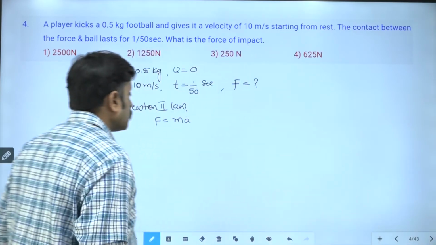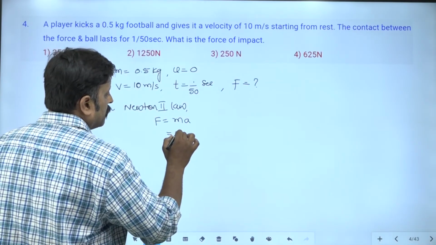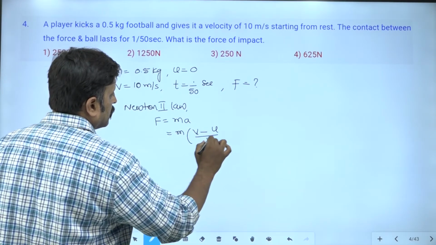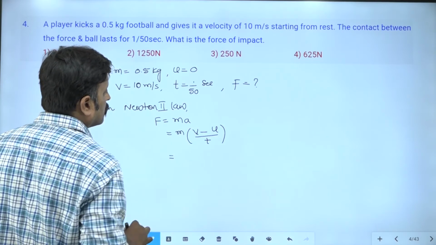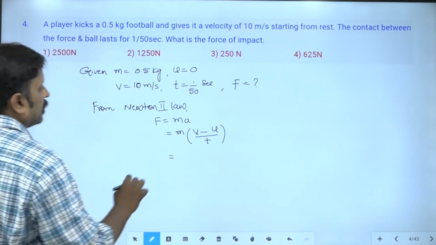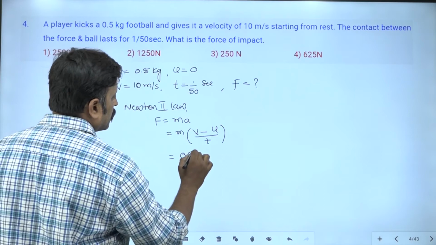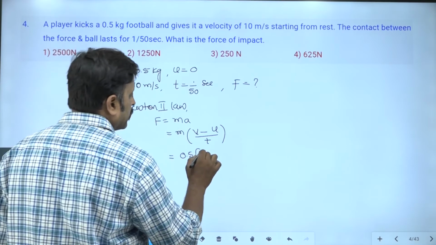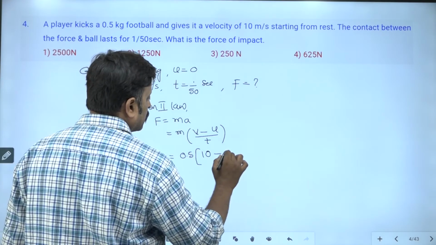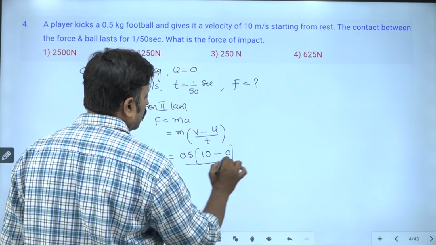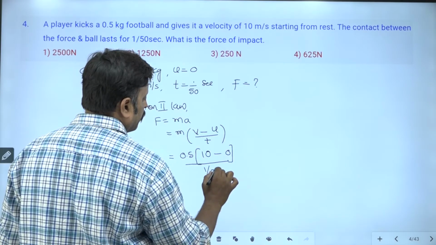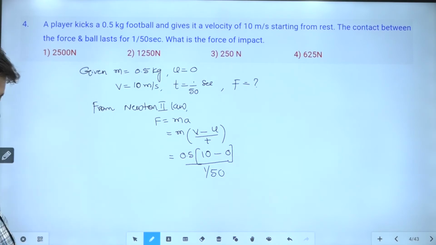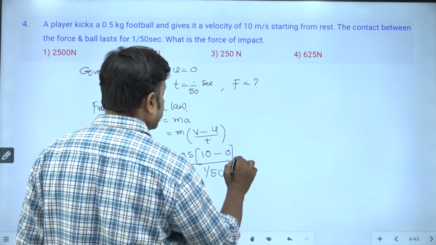So that I can write in place of acceleration, change in velocity by time. Okay. Substitute the values. Mass of the body is 0.5 times final velocity 10, initial velocity 0, time is 1 by 50.